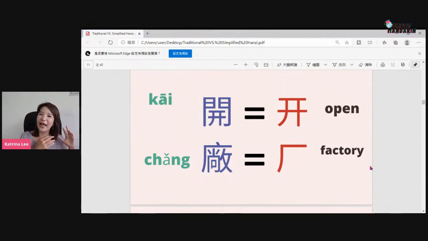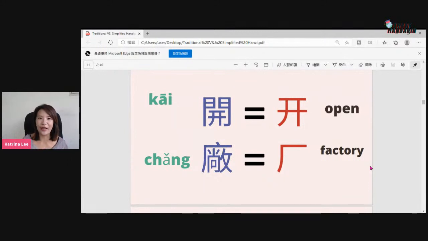Remember in my previous live stream, the origin of the character kai is there's a door and a doorknob, so you open the door. In the simplified character, they just keep the doorknob component and omit the whole door component for the character kai.